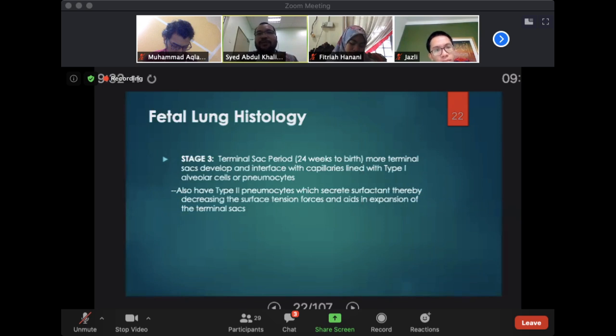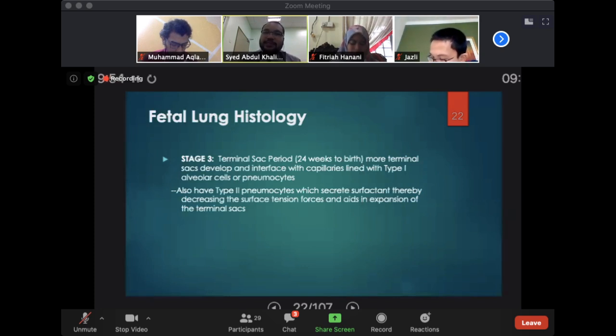How about Malaysia? I've only mentioned Hospital Raja Perempuan Zainab Kota Baru, which takes 27 weeks and 800 grams. How about generally in Malaysia? If you look at the PSM paper, generally in Malaysia we take 25 weeks.